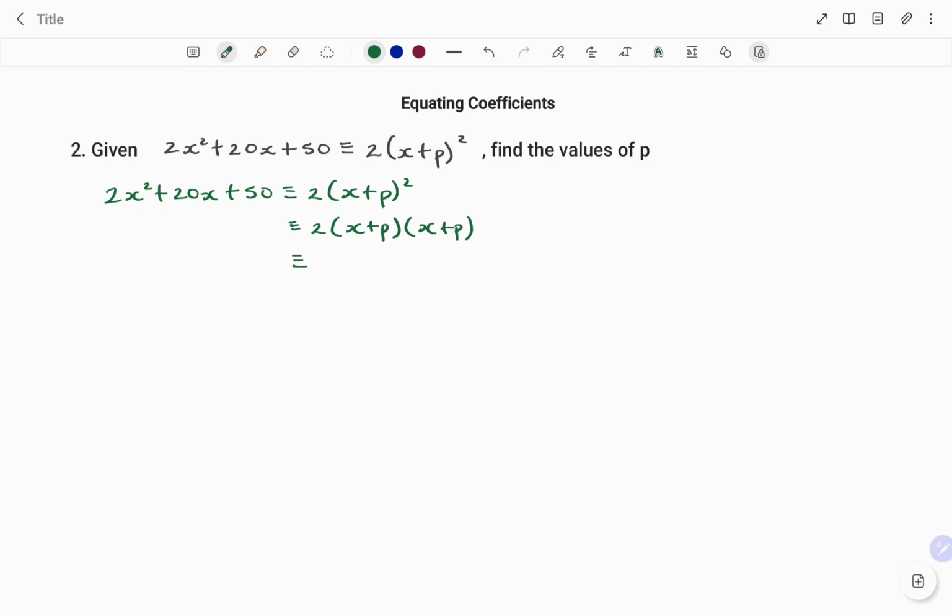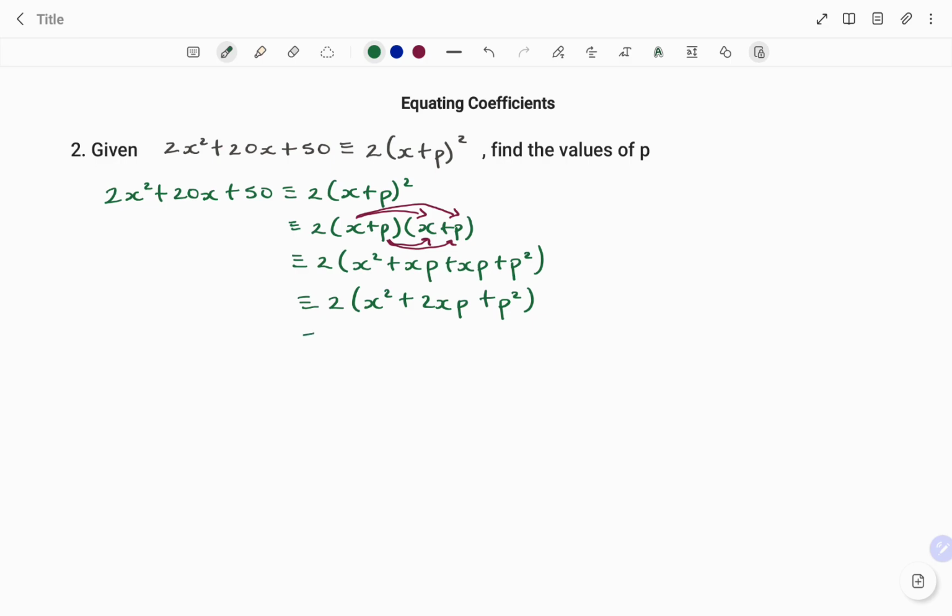If we expand, we have 2 times the content of the first bracket. We'll multiply the content of the second bracket and make sure that all the terms multiply each other. So we start with x times x, x squared, x times p, xp, p times x again, xp, p times p, that's p squared. Collecting like terms and simplifying, we have x squared plus 2xp plus p squared.